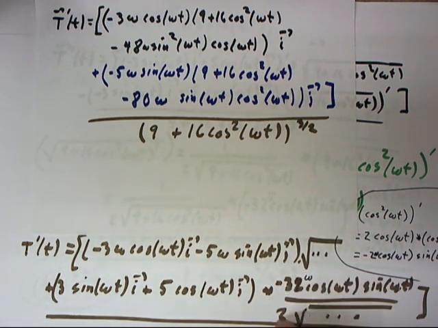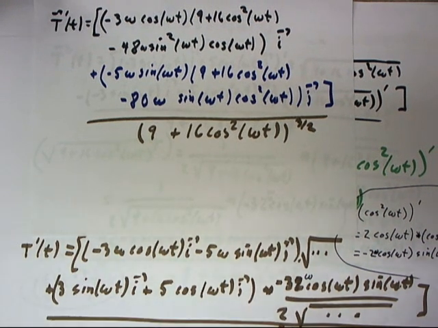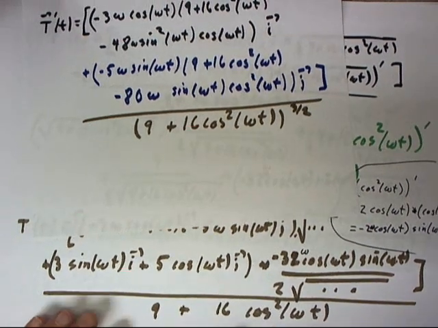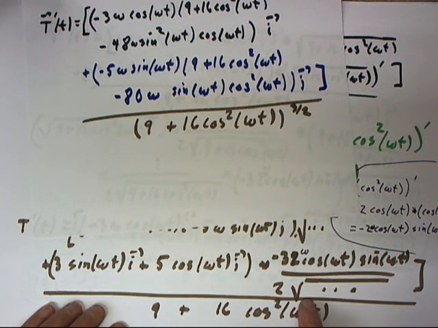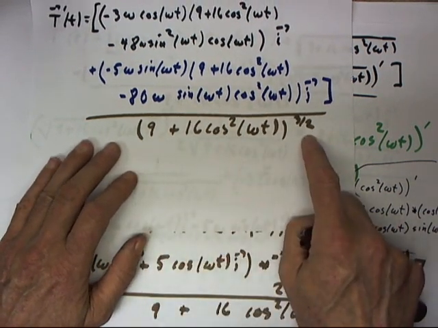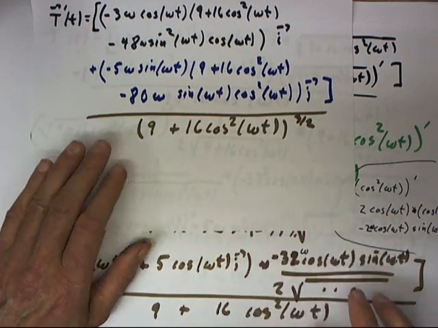Dividing the negative 32 by 2, I get negative 16, which will then distribute through this, and the denominator otherwise disappears. But of course I have to multiply the denominator of my original fraction by the square root of 9 plus 16 cosine squared of omega t, which is going to make my denominator the 3/2 power of 9 plus 16 cosine squared of omega t.